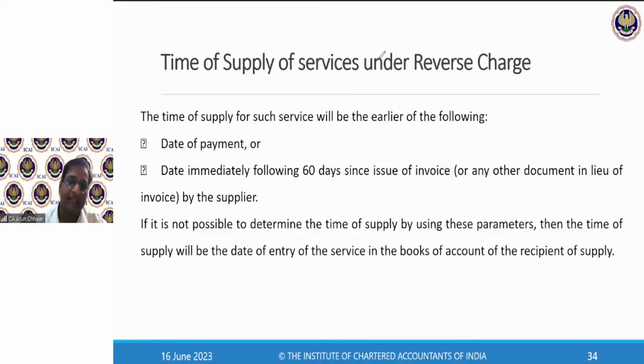There are multiple examples: GTA service, transportation service, director services, government services, sponsorship services, rent a cab, security. The GST is not liable on the lawyer, only the recipient is liable to pay the tax. So the government needs the tax, so they are taking it from the recipient, not from the advocates.